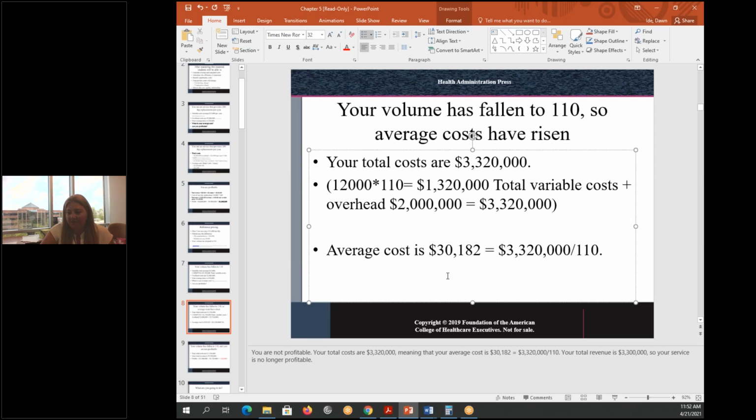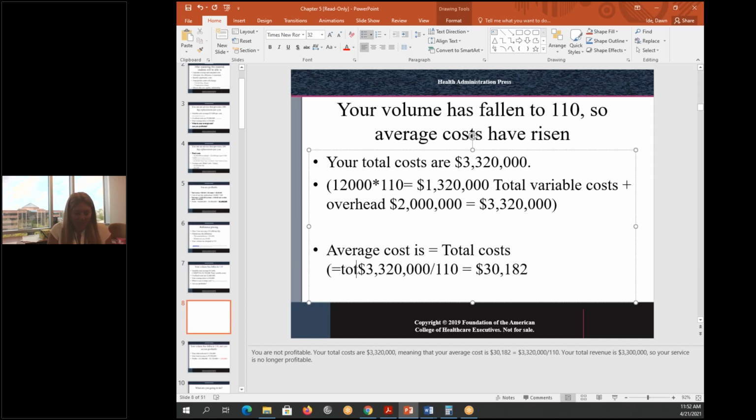So in order to do average cost, again, you have to take what? You have to ask yourself the question, how are we going to do this? And I hate when they put this backwards, and they keep doing it to me. I don't like that. Okay, so your average cost is your total cost, which equals your total variable cost plus your overhead, right?